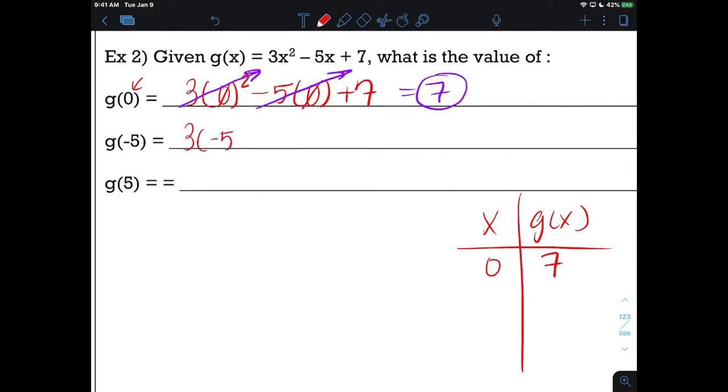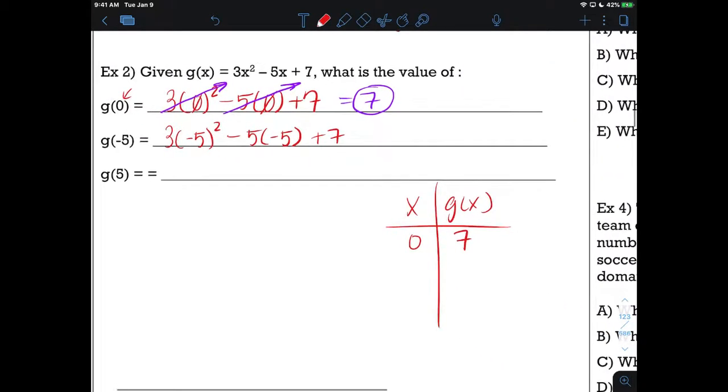x equals -5: 3 times -5 squared minus 5 times -5 plus 7. All right. So sometimes this can be a little bit difficult to walk through going side by side by side, and I understand that. Usually I'd be working this way like I normally write, but just wanted to let you know that it's easier to head down, but I'm just writing it the way this is set up. Okay, so 3 times -5 squared.